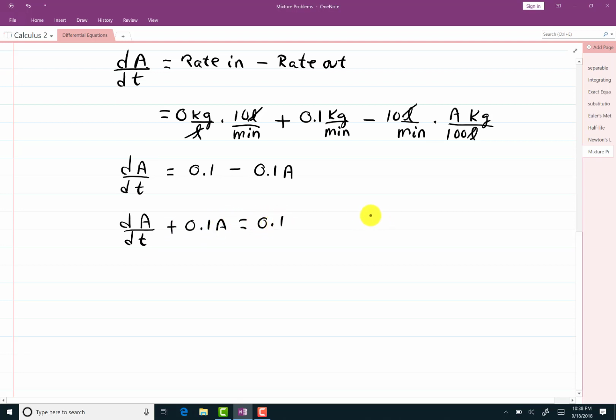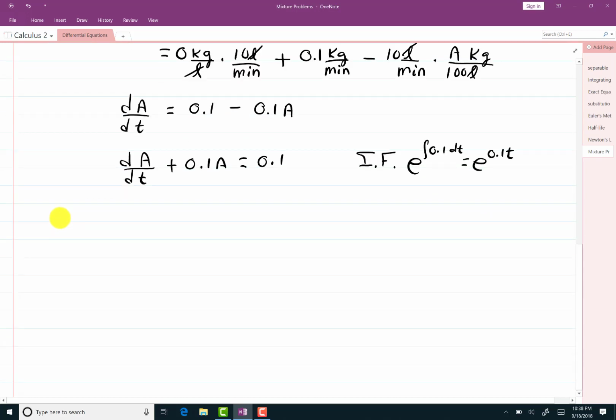So my integrating factor that I want to use is going to be e to the integral of 0.1 dt, and that'll be e to the 0.1 t. So I'll multiply everything by that.